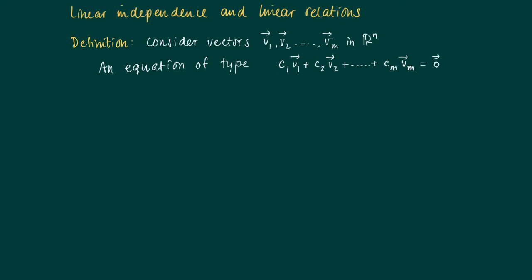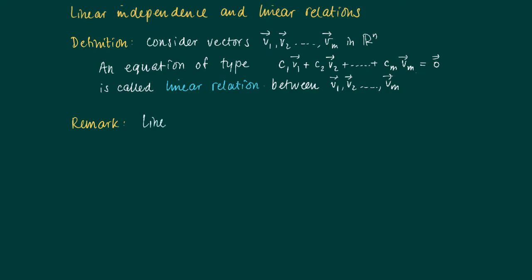This is called a linear relation between the vectors v1 to vm. So a linear relation exists when we're able to find constants c1, c2 to cm such that the resulting vector in this way is the zero vector.